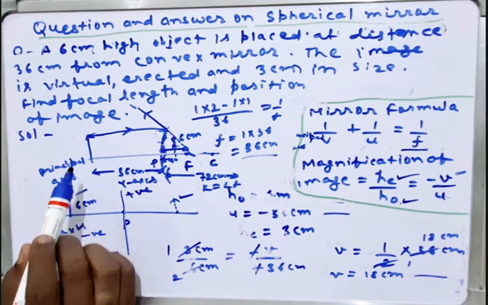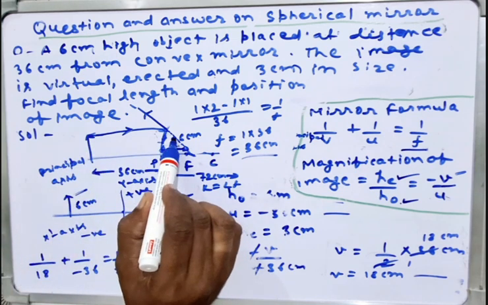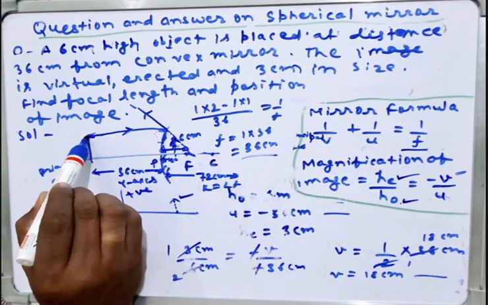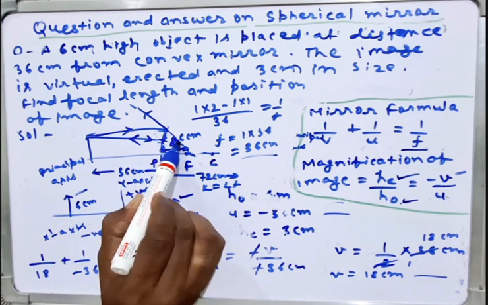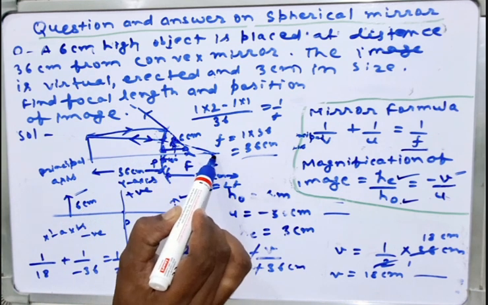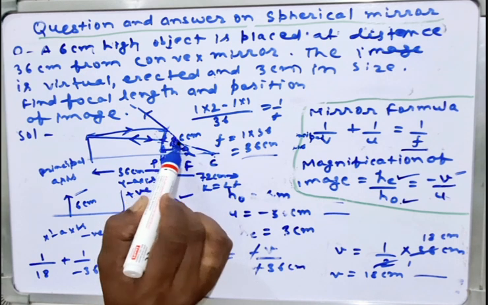Now the second ray of light: one ray of light is incident here like this, reflected back and goes toward the center of curvature of this mirror. This will be the point of intersection of these two.